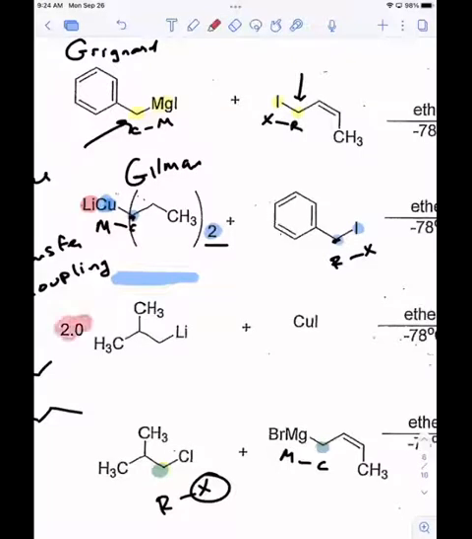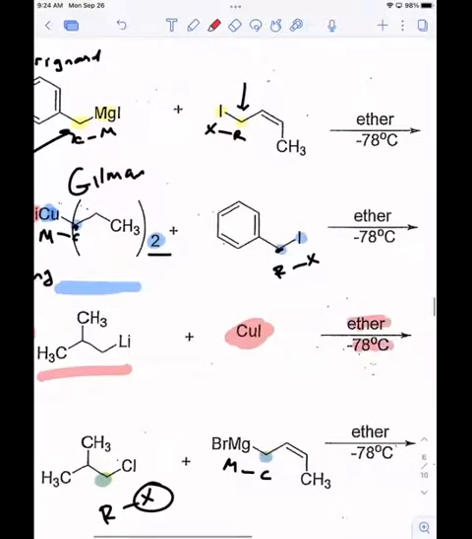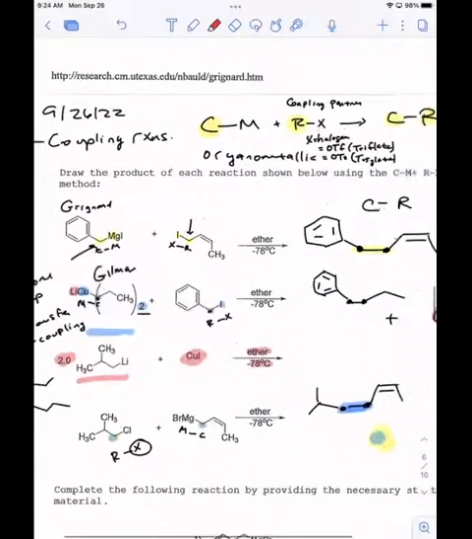All right, and that second example, or the third example, right? I have 2 moles of an alkyl lithium. I got copper iodide, ether, and minus 78 degrees Celsius. What am I doing there? What's that process? That's not a coupling, is it? What reaction is that?